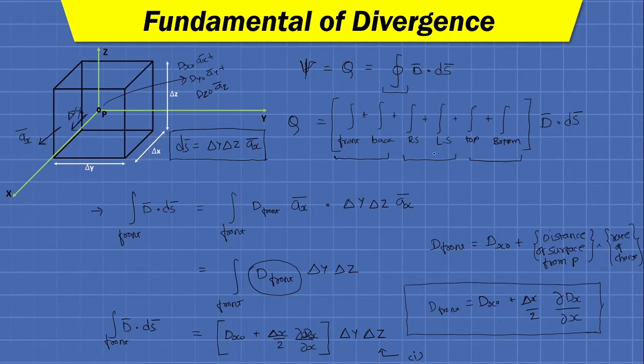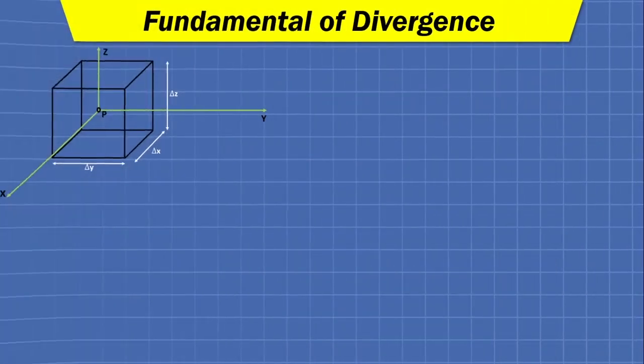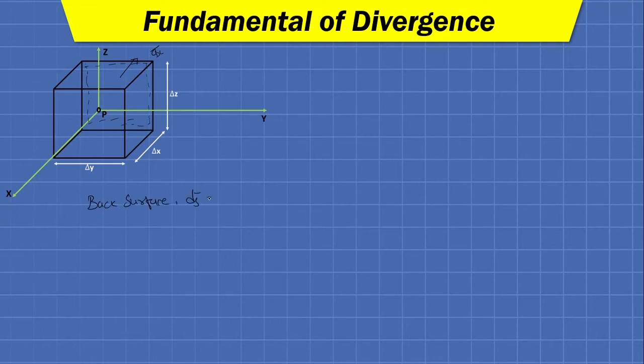Giving it equation number 1. Now what will we do? We will calculate the same thing for the back surface. As you can see, this is our back surface, which is in the direction of negative ax bar. So for the back surface, ds bar is delta y delta z, which will be the same, but the direction will be negative ax bar.